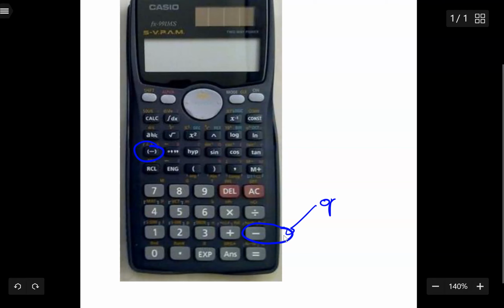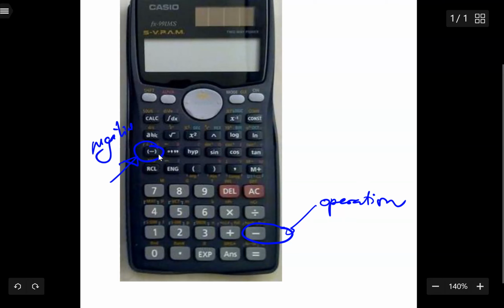The negative is the characteristic of your number. It's an integer, but this one is an operation where you tell the calculator to subtract. But with this key, you tell your calculator that you're working with a negative number.